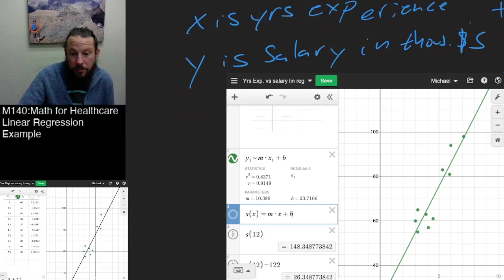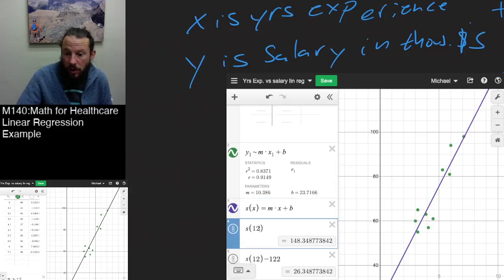For salary, I put S of X equals M times X plus B, using the whole M value. That line will go over your regression line. And then check. Okay, so now I could just plug it in.